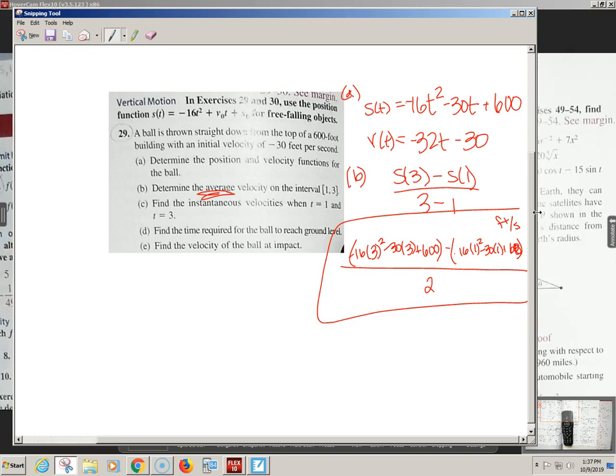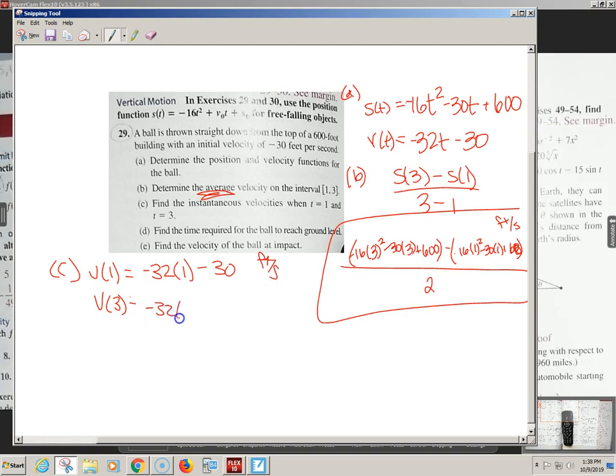Calculator for E. Stop. Okay, hang on. Letter C says find not the average, but the instantaneous. Isn't that just V prime of, plug in the number? But I don't have a calculator. I don't care. Go ahead. I know how to do it. 32 times 1 shouldn't be a problem.